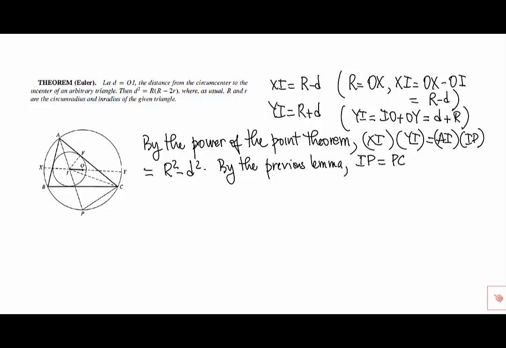Okay, we've seen earlier that IP is equal to PC.